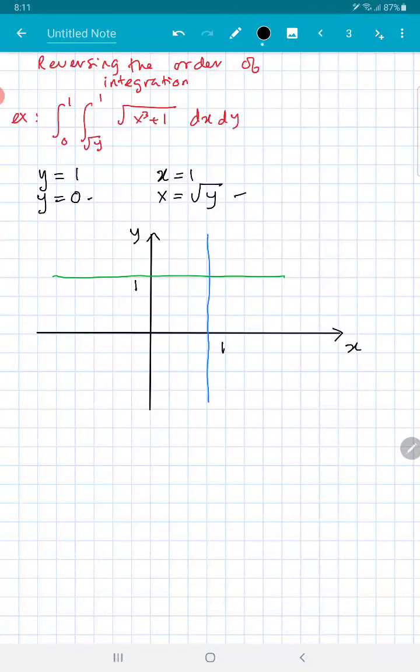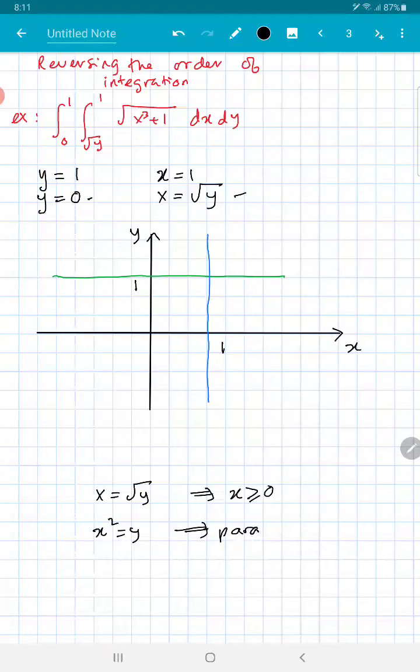Let's sketch x equals square root of y. Here x is larger than or equal to 0. But if you don't know the shape of this, you can do some mathematical manipulation. By squaring both sides, we have x squared equals y, and we know that this is a parabola. But remember, we only take the positive y.